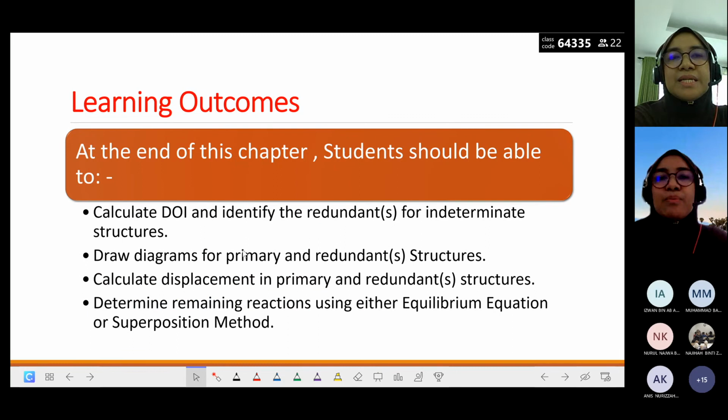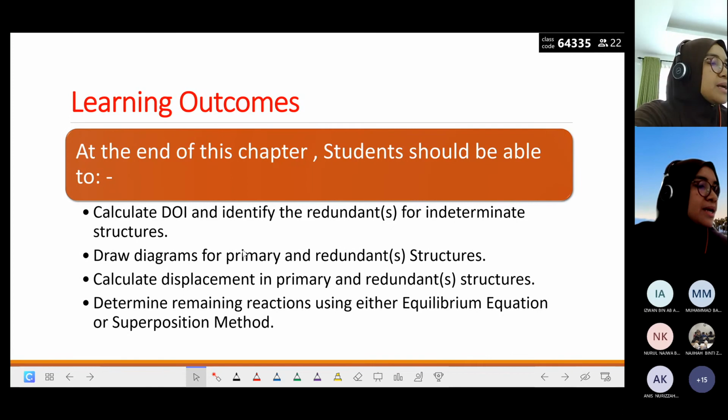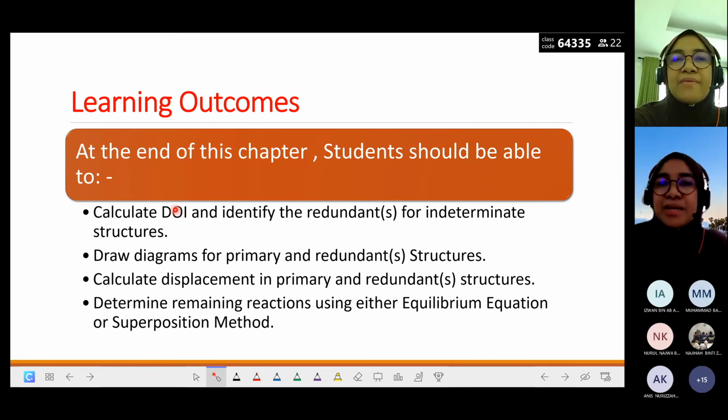We move to the learning outcome. This is chapter number 1, flexibility method. At the end of this chapter, you should be able to, number 1, calculate degree of indeterminacy and identify redundant.